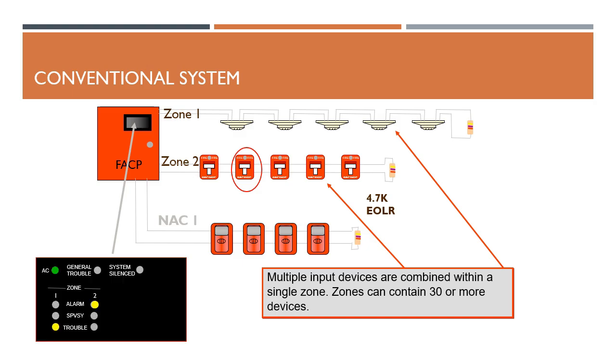The panel simultaneously sends an audible and visible notification through its display telling us that an alarm was triggered in zone 2. With these conventional panels, we cannot know exactly which of the pull stations in zone 2 was activated, so we must physically verify where the fire was spotted.